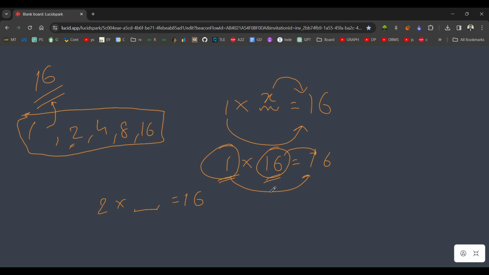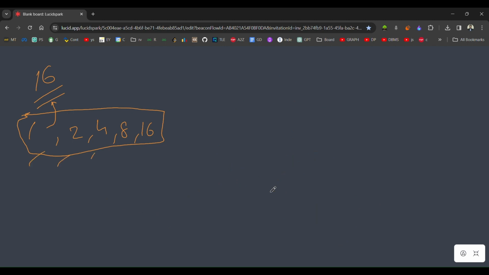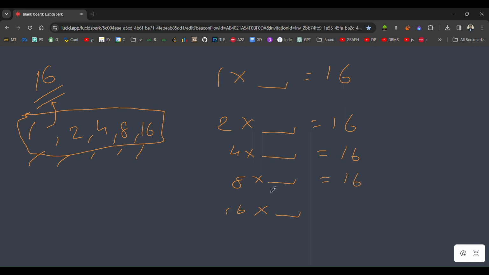So let's write down something for each of these factors. Let me just write down the table. So 1 into something is equal to 16, 2 into something equals 16, 4 into something equals 16, 8 into something equals 16, and 16 into something equals 16, right?